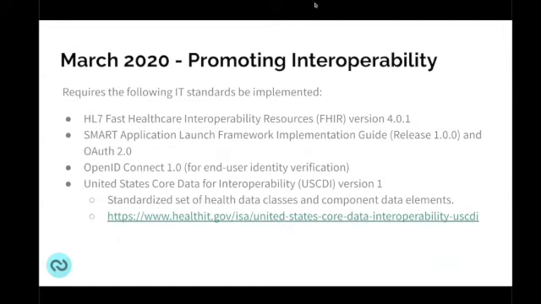So promoting interoperability, the other thing that it does is it really focuses on implementing some IT standards. So there are some pretty big changes that have occurred.